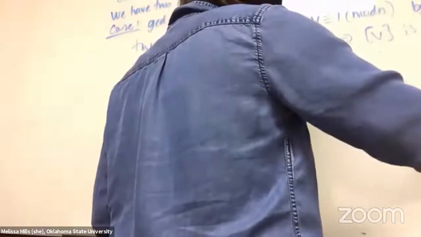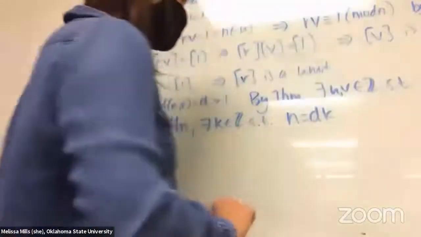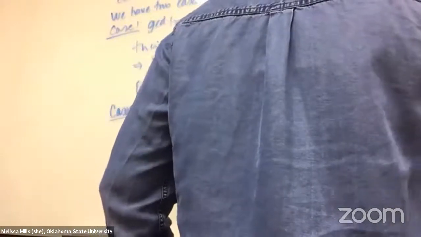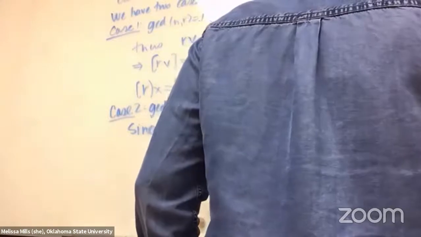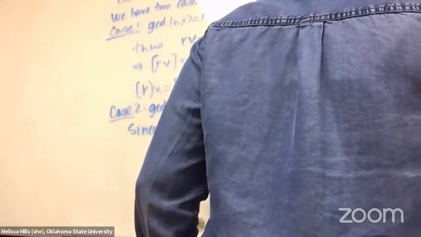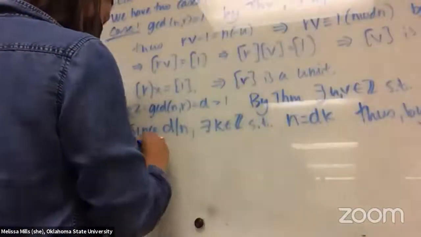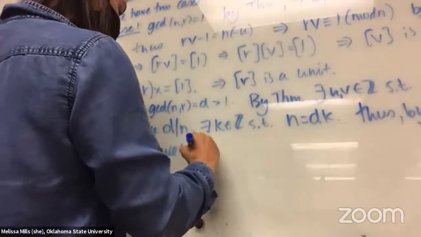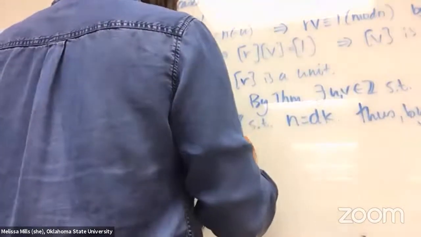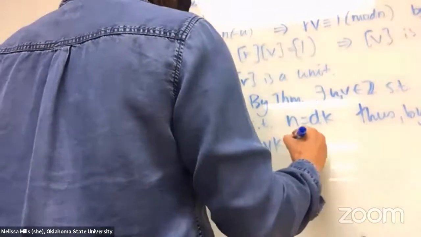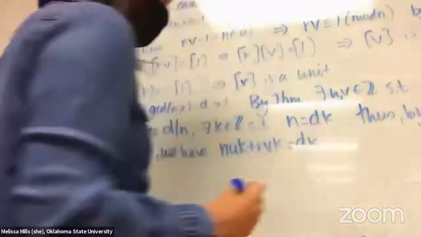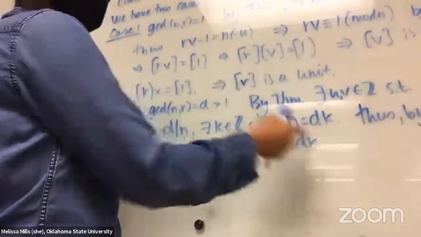So we're going to multiply this through by K. Thus, by multiplying both sides by K, we have NUK plus RVK equals DK. Well, what's DK?